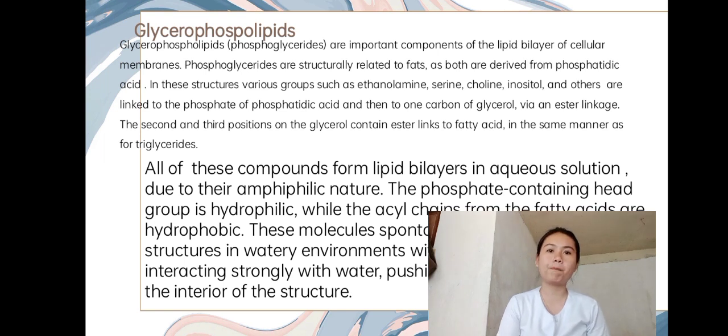All of these compounds form lipid bilayers in aqueous solution due to their amphiphilic nature. The phosphate-containing head group is hydrophilic, while the acyl chains from the fatty acids are hydrophobic.